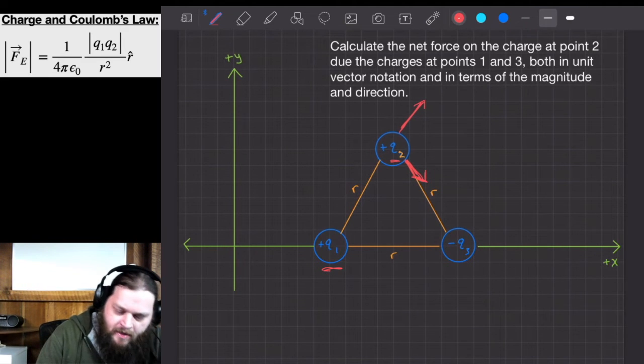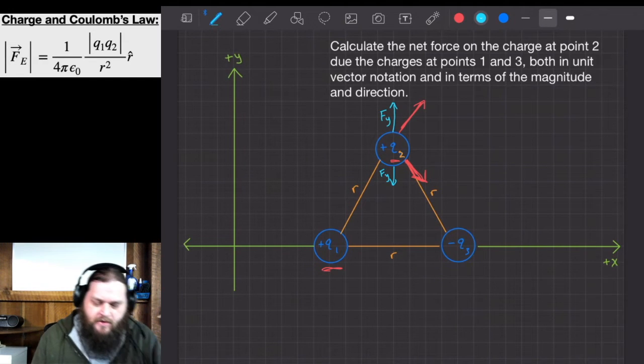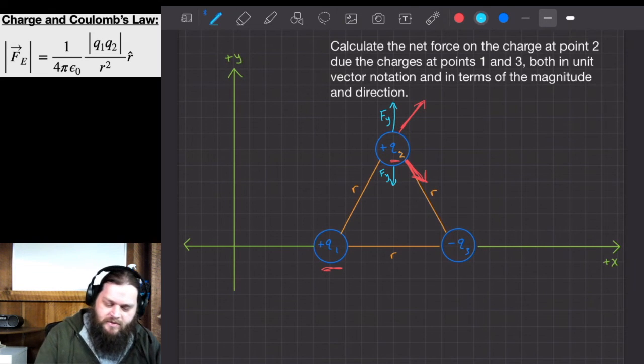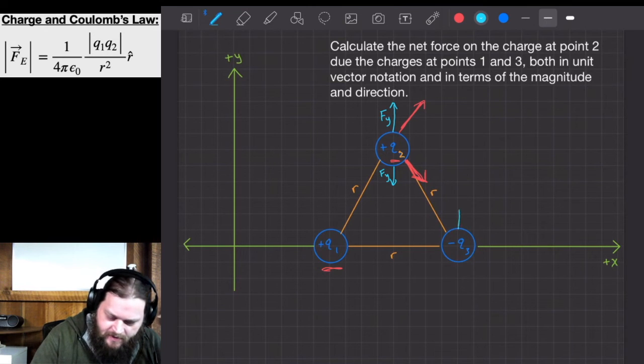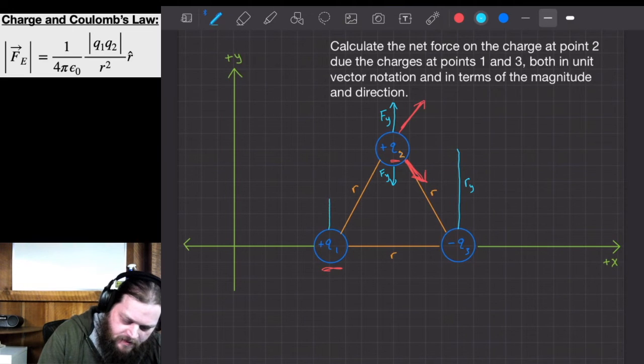And we can say that the y components of these forces, so this is the force y, and this is the force y, should essentially be equal and opposite, because we can see that there's some symmetry, because they have the same distance here. This is r in the y value, and this is r in the y value.